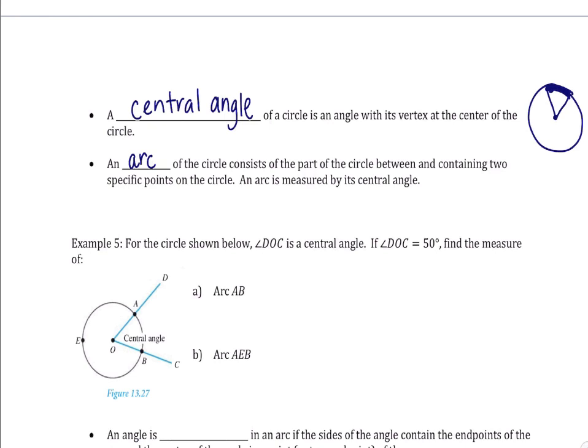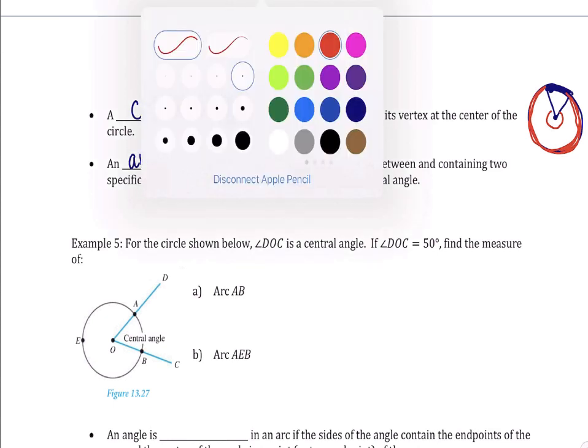But on these you also can have the bigger arc that goes around the rest of the circle. And really it goes with this central angle. And the thing with circle angles is you can now have up to 360 degrees by going around the entire circle. So let's take a look at this example.